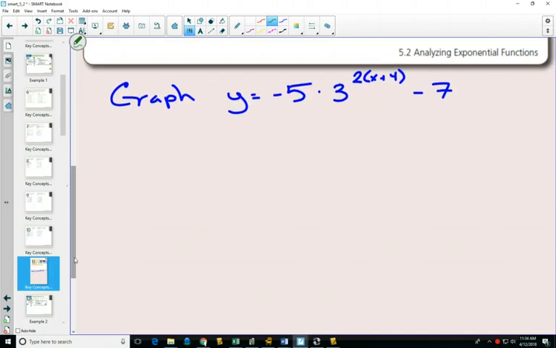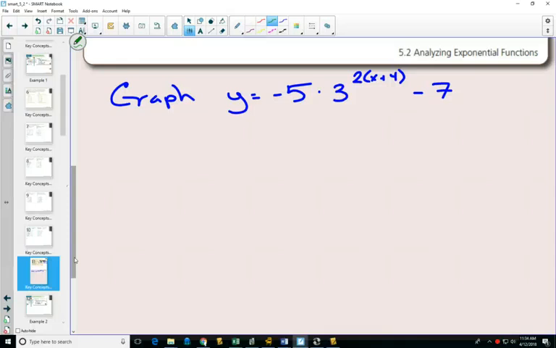We're going to graph y equals negative 5, 3 to the power 2, bracket x plus 4 minus 7. And part of the reason these ones weren't in chapter 3 is it makes sense for us to be able to review things now.